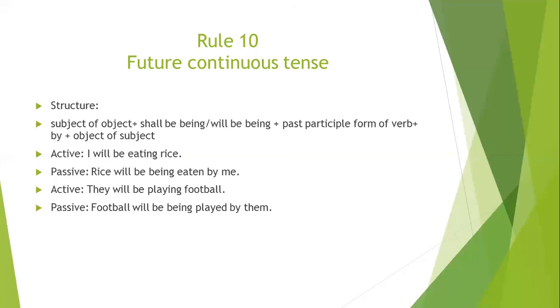Okay. If you say rice will be eaten by me, that indicates that this one is written in future indefinite tense. But this is written in future continuous tense. So you will have to add being here. Again, for the active voice, if you say they will be playing football, for the passive voice, you have to say football will be being played by them.